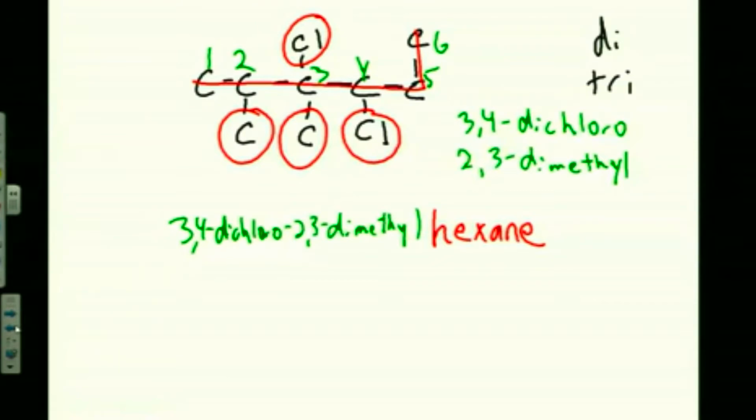If I'd counted from the right to the left, 1, 2, 3, 4, 5, 6, then my chloros would still be 3, 4, but my methyls would be 4, 5. Who wins? The top one wins, right? These are the same, but 2, 3 is less than 4, 5, isn't it? So 2, 3 wins.